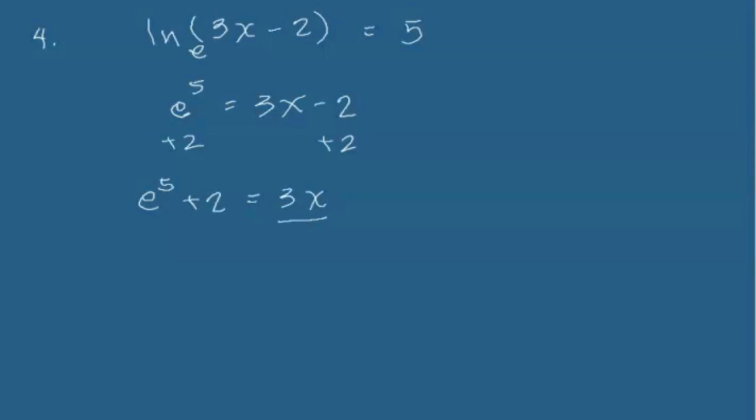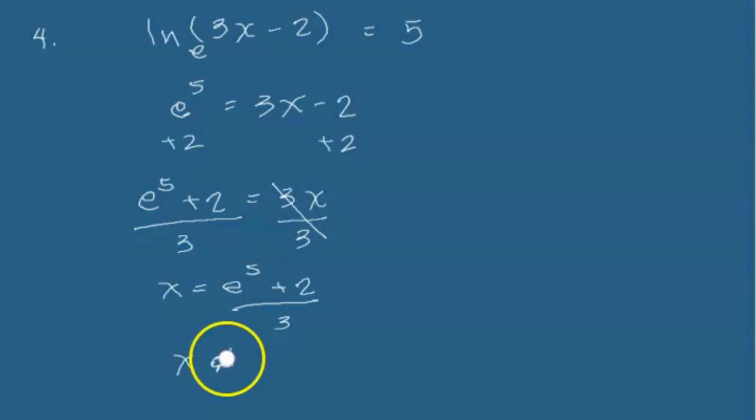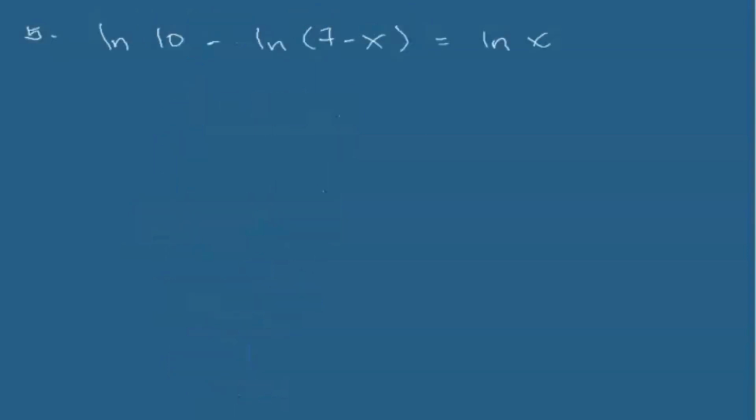And then divide both sides by 3 to solve for x. So x is equal to e raised to the 5th power plus 2, over 3. Then using our calculator, this is approximately equal to 50.14.